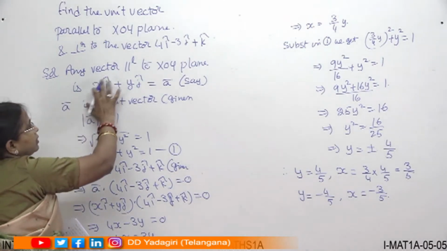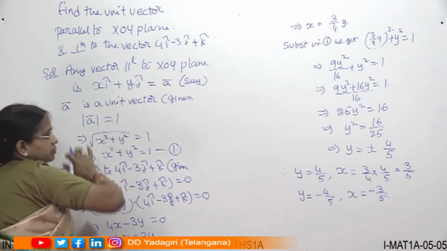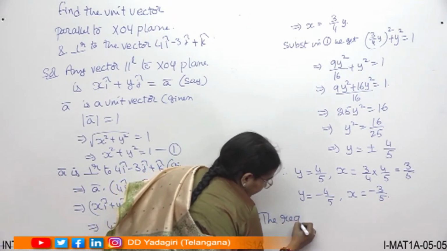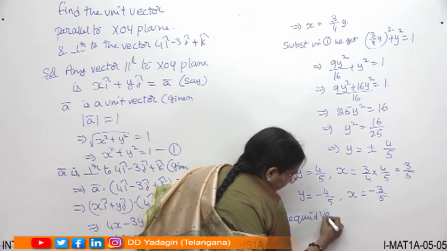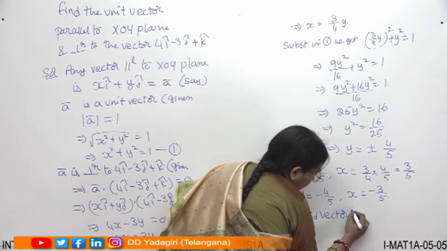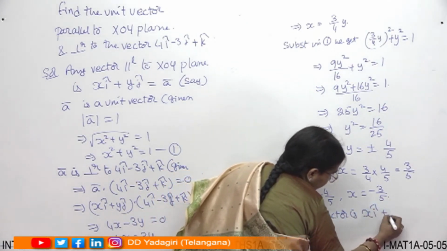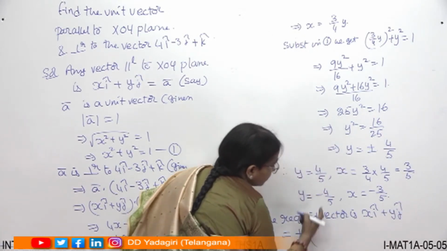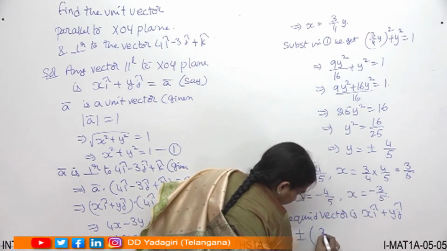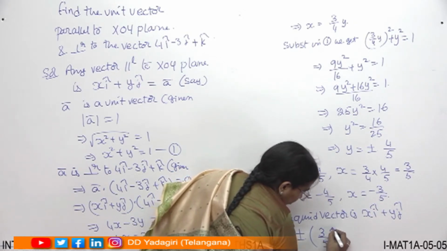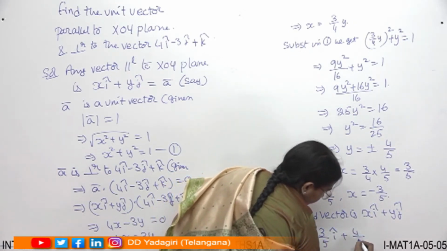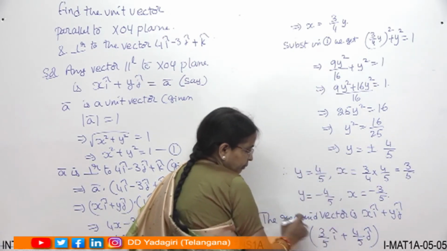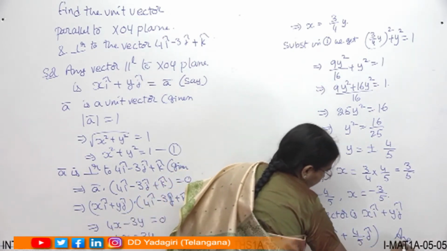So the required vector xi plus yj is equal to plus or minus, taking x as 3 by 5 and y as 4 by 5. When it is minus, both are minus; x and y are both minus or both plus. So you will get the answer like this.